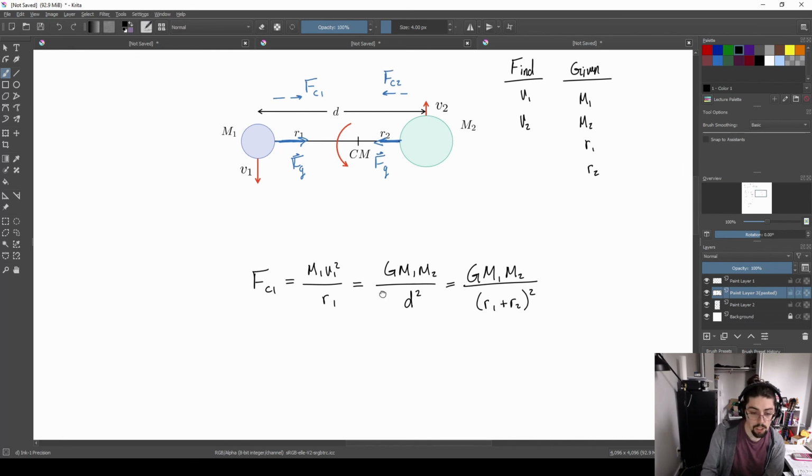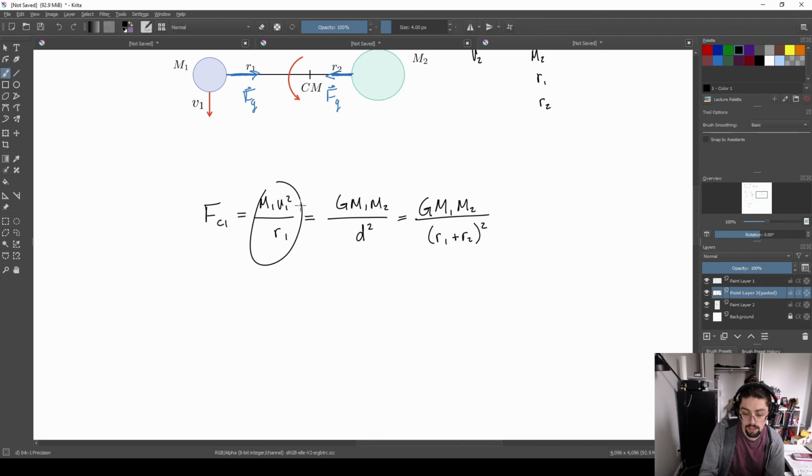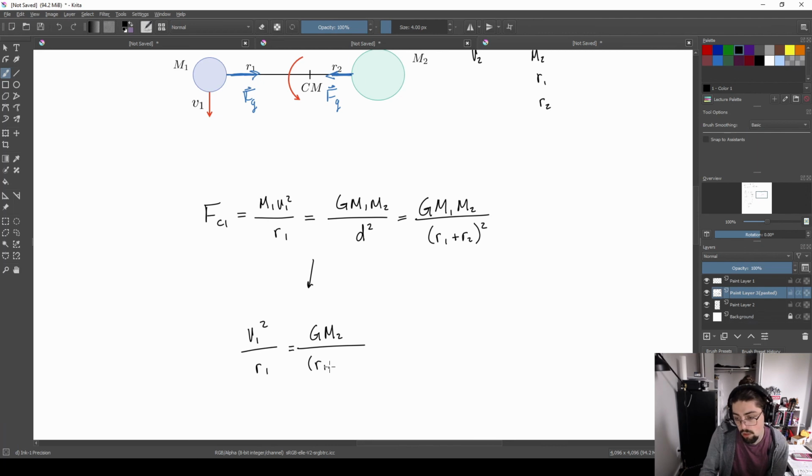Now, I'm looking for V1. I see it right in this equation right here, so I'm going to combine these two. I'm going to divide each side by M1. That is, V1 squared divided by R1 is equal to G M2 divided by R1 plus R2, squared.